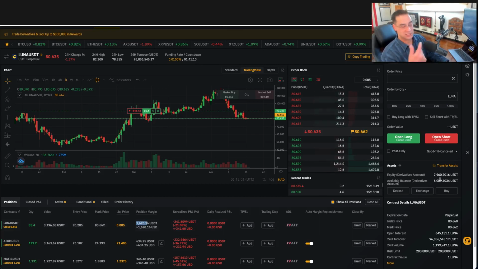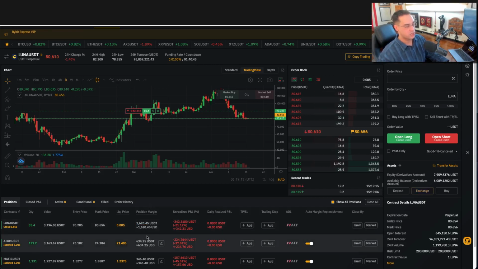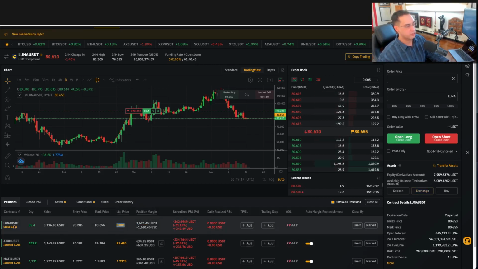We've seen this in the ZIL liquidation, okay? So this is what's going on here. But I'm not afraid of cross leverage, especially on long trades. On short trades, I'm not a fan. On long trades, I'm not afraid of them at all because I know how low those liquidation prices go, which is something we'll cover in another video.